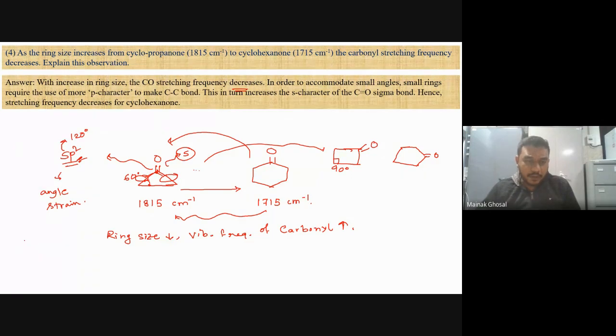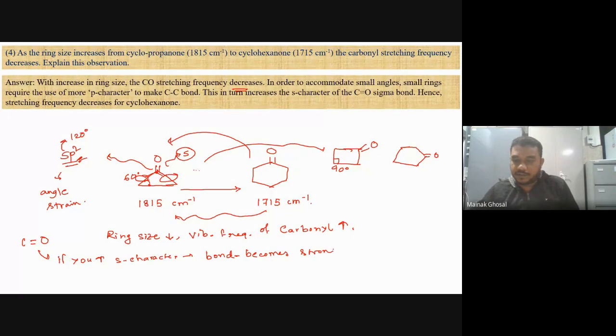Now, in the carbonyl bond, if you increase the s character, what will happen? More electron density, the bond becomes stronger. Bond stronger means k increases, k increases means ν increases, which means you will see a higher vibrational frequency.